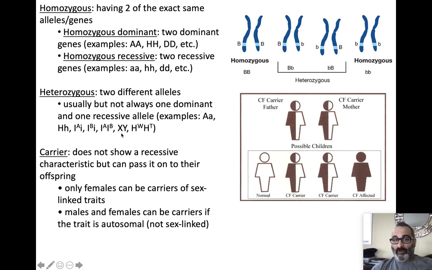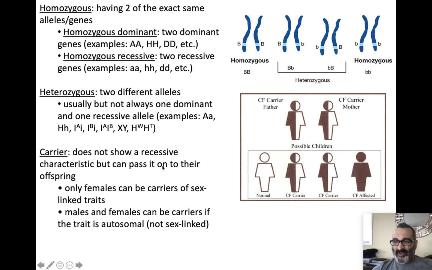Oh, males are XY, females are XX. XX is homozygous. XY is heterozygous. They're different. Sometimes you'll see a letter like an H with a superscript that is different, a W and a T. They're different. Heterozygous. Okay, so it's not always the same letter. It could be different letters also.